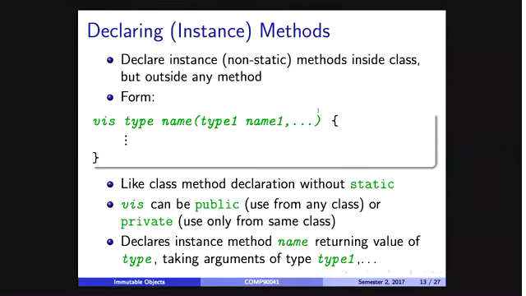Okay, so the way we declare instance methods, or typically just called methods, is basically it just looks like a class method.